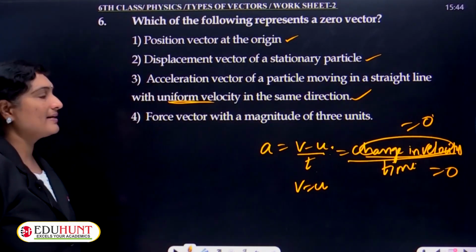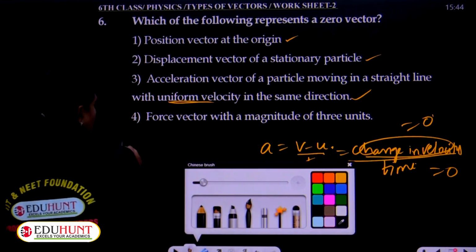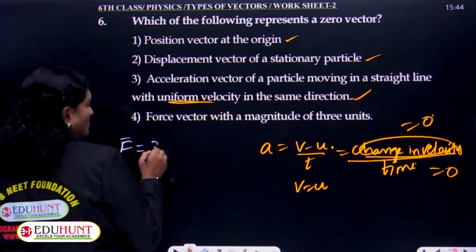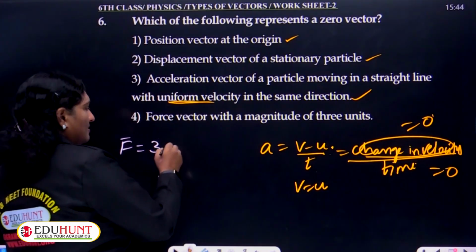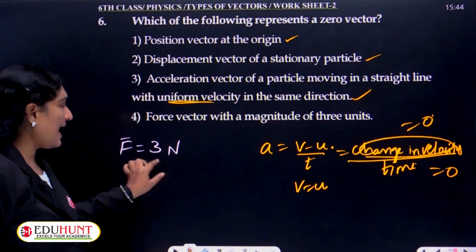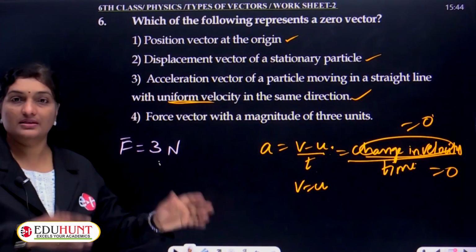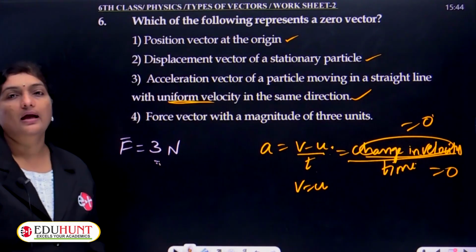Force vector with a magnitude of 3 units. It was given that in the next case, force vector F bar is equal to 3 something. Magnitude is 3, something like 3 Newton, 3 dynes or anything. So, it has some direction. The force vector has a magnitude, and 3 is the magnitude.